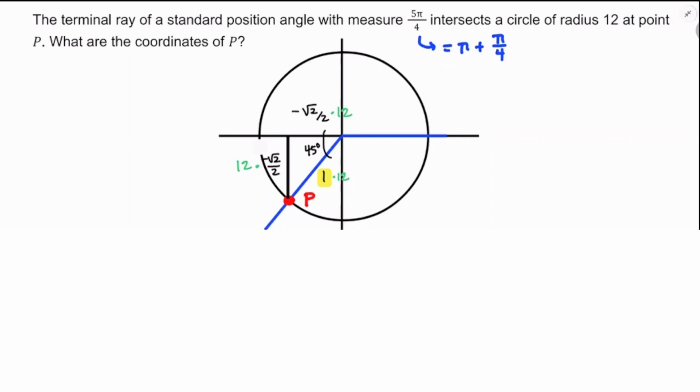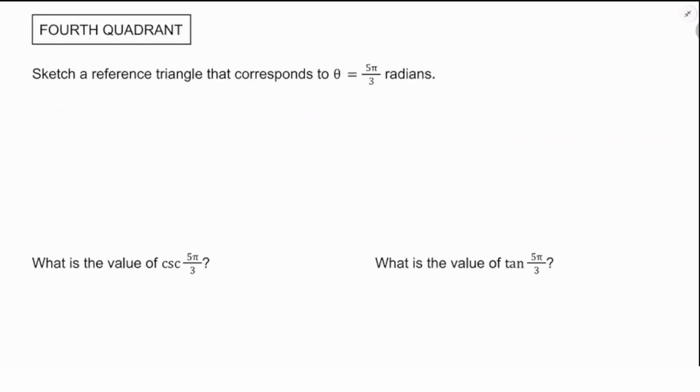So I'm going to multiply all of the side lengths by 12, and then I'll have a reference triangle that's accurate to a circle of radius 12. When I actually multiply those numbers, I can see the coordinates of point P: I'm going to go 6 root 2 to the left, so that would be negative 6 square root of 2, and 6 root 2 units down, so that's negative 6 square root of 2. And those are going to be the coordinates of point P.